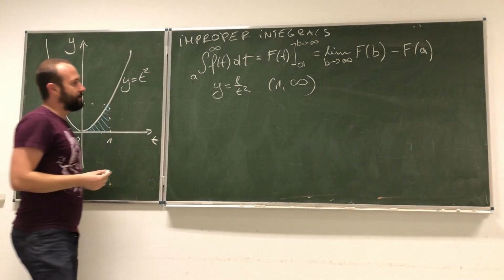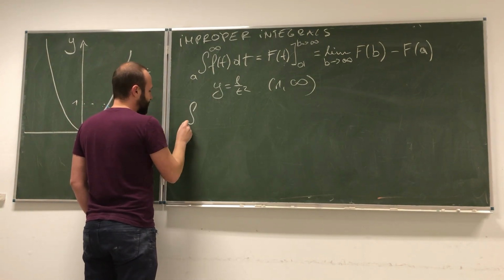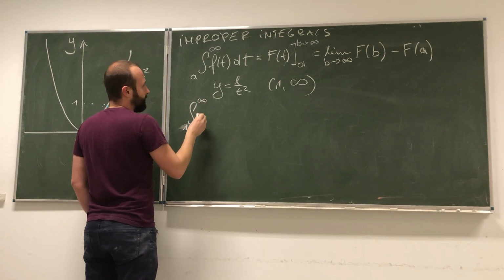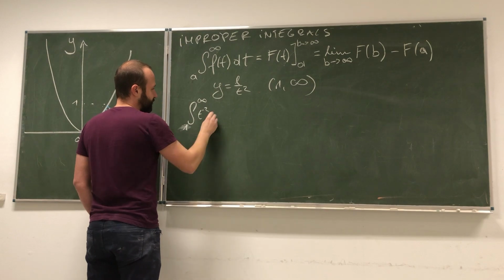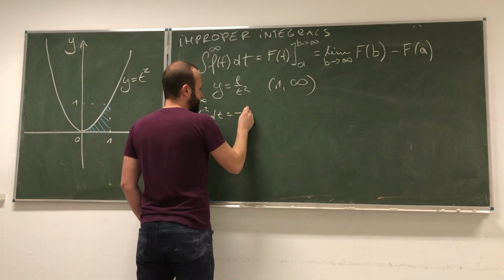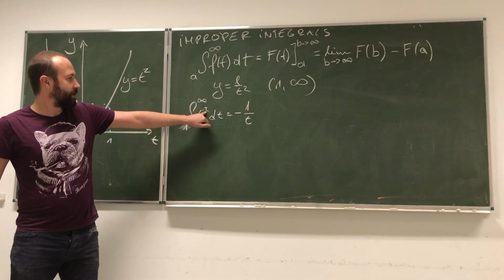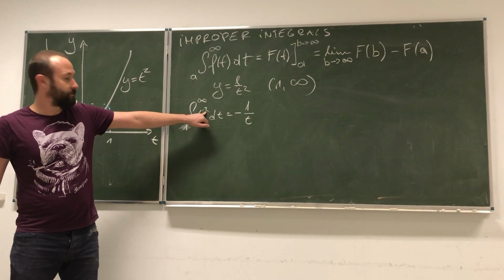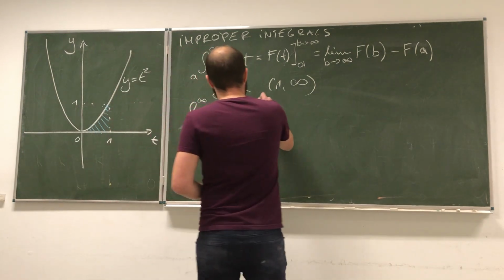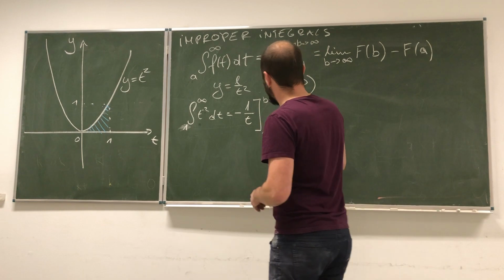So definitely what I need to calculate over here is the integral from 1 to infinity of t to the power negative 2 dt, which is equal to negative 1 over t, right? Because here this will turn into power negative 1 divided by negative 1. This is what we are getting. And now we've got 1 and b going to infinity.